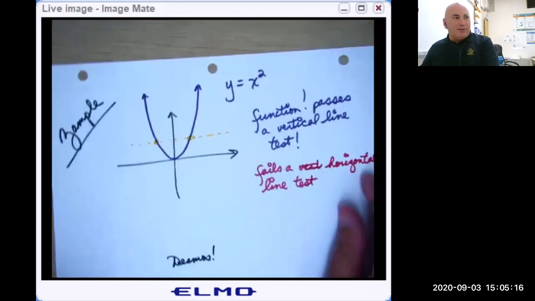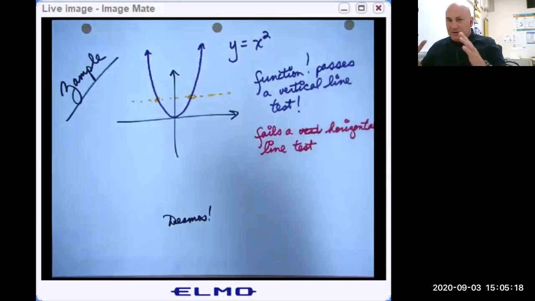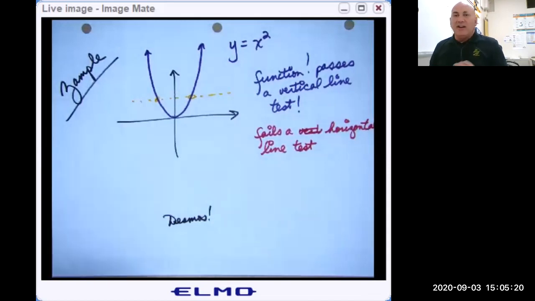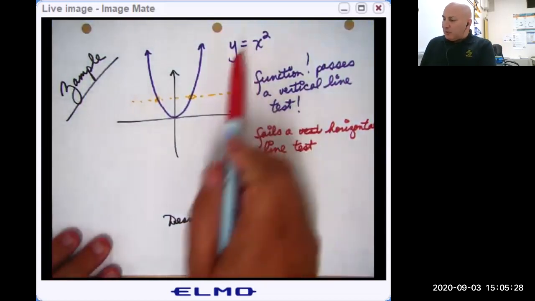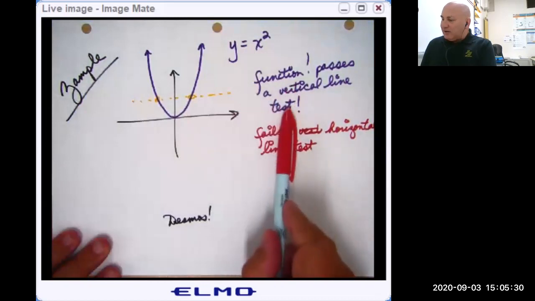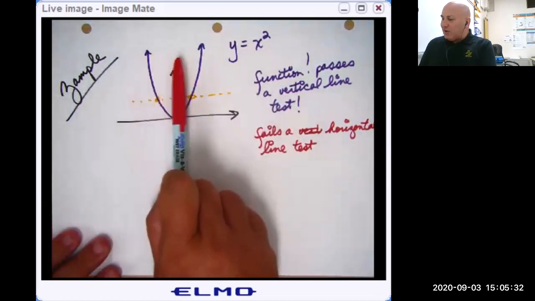Here is an example. Example is a word I created. It's a combination of an example and a sample problem. So here's y equals x squared. We can tell by looking that it's a function. It passes the vertical line test.